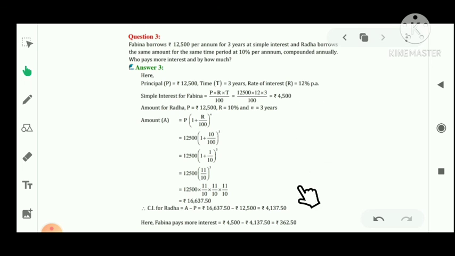Then we can say who pays more interest and by how much. I think now you can complete question number 3 also. Students, in this exercise each and every question is similar to questions number 1, 2, 3. So please try to solve each and every question yourself. Thank you.